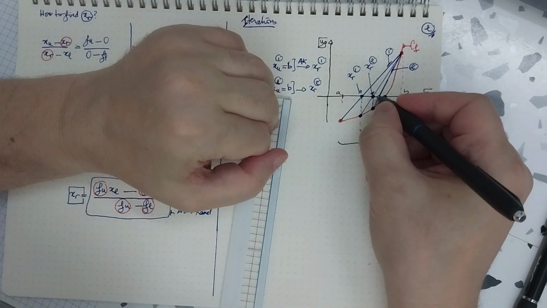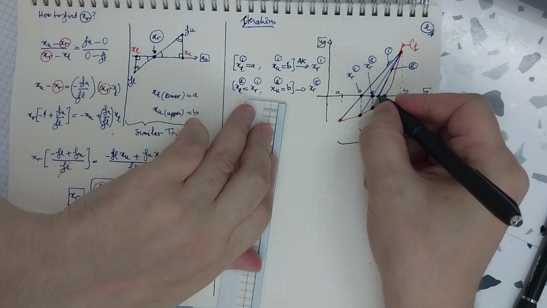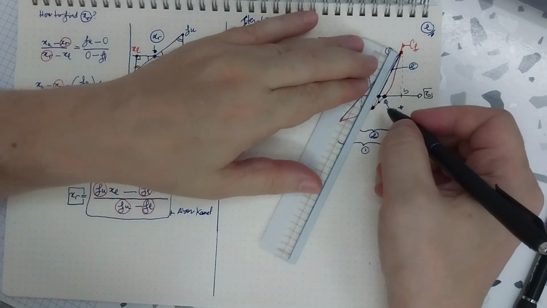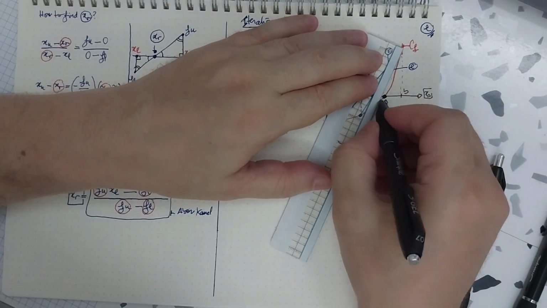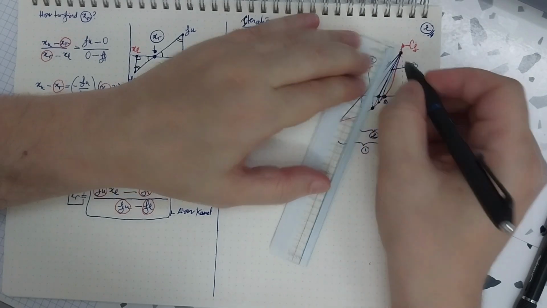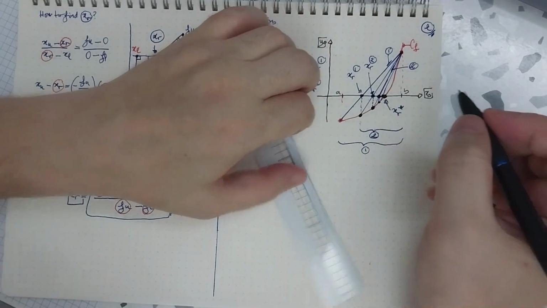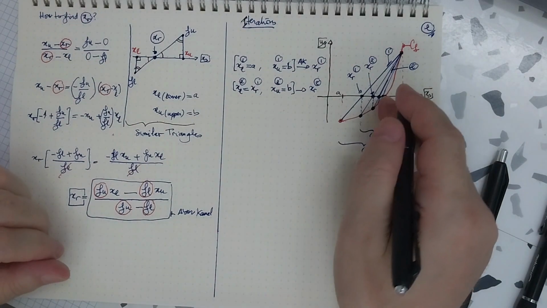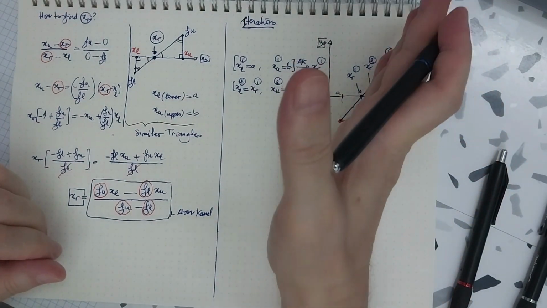To get XR3. And then we repeat also again to get X4, and so on, till we are close enough to the root. So it is an iterative process.